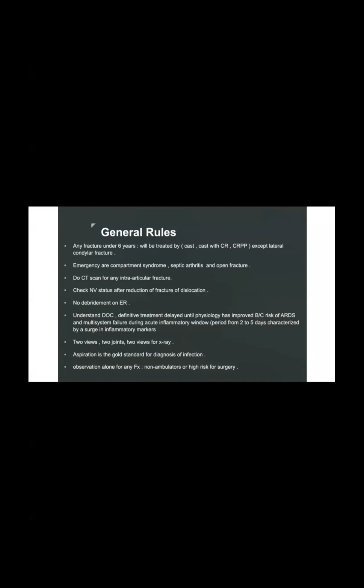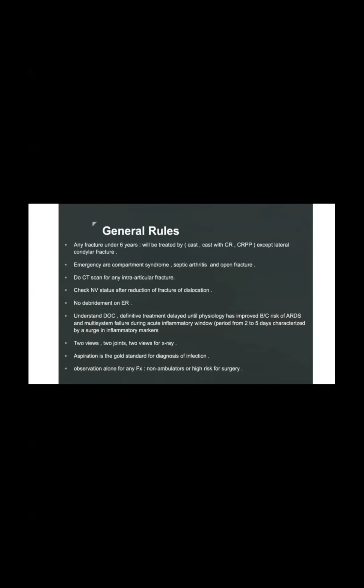So, general rules in orthopedics: any fracture under 6 years will be treated by cast with closed reduction, or closed reduction with positive support and pressure, except lateral condylar fracture.